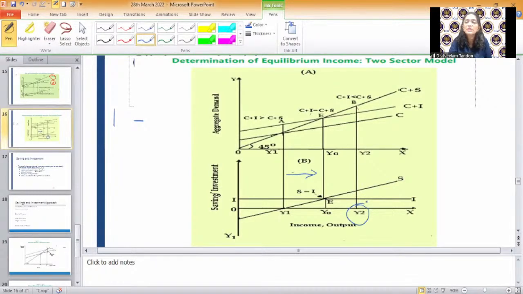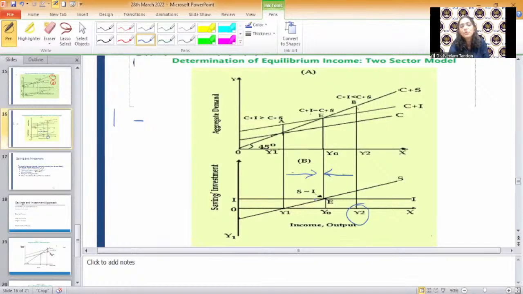Demand reduces means inventory piled up will increase. Inventory piled up increases means they'll stop the output, they'll reduce the employment. They reduce the employment, that means income in the economy will reduce, and then the economy will be back at this position again.